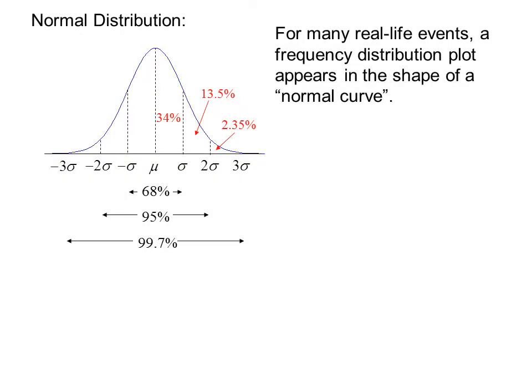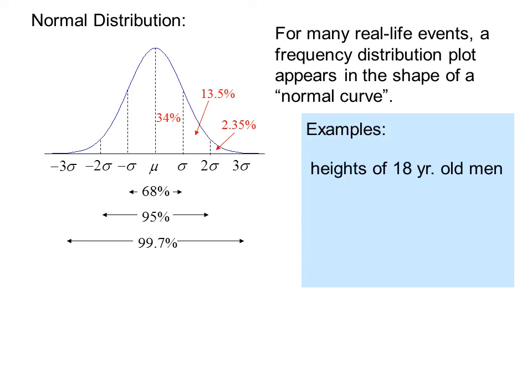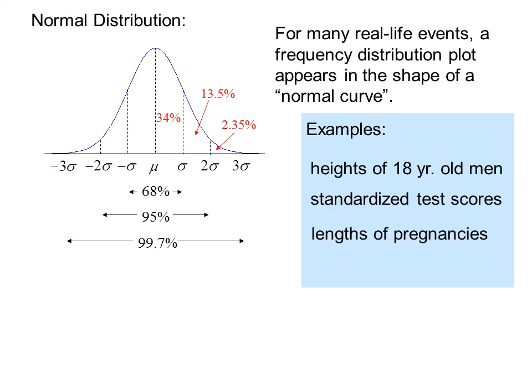Normal distribution. For many real-life events, a frequency distribution plot appears in the shape of a normal curve. This is also sometimes referred to as a bell curve. Examples are heights of 18-year-old men, standardized test scores, lengths of pregnancies, time for corn to pop.